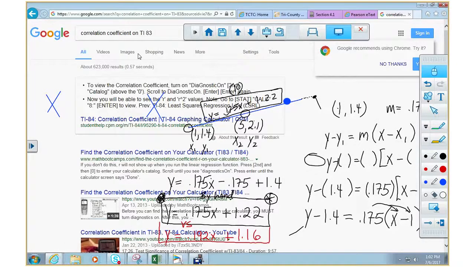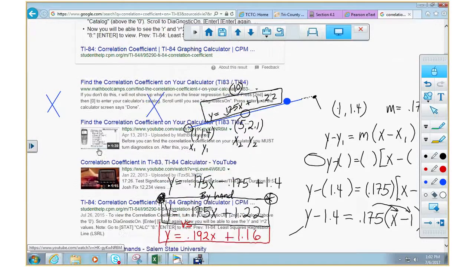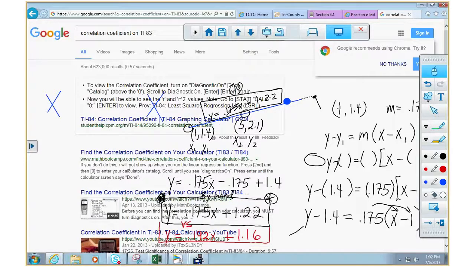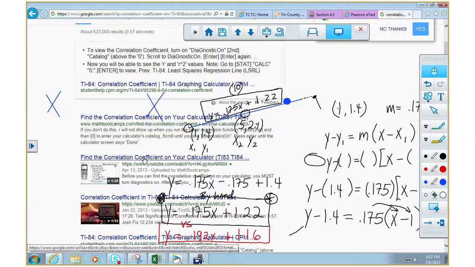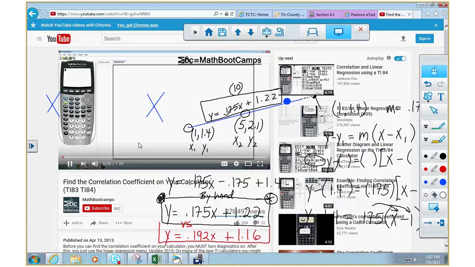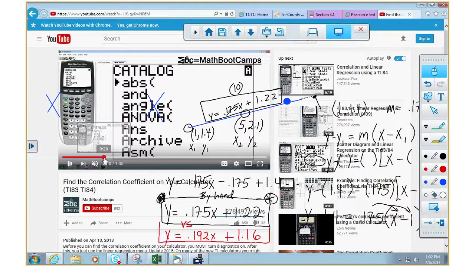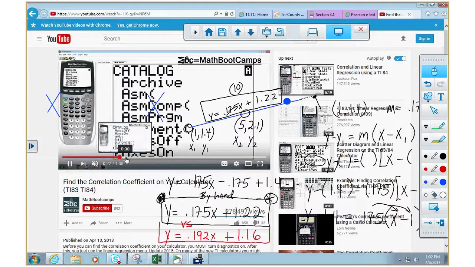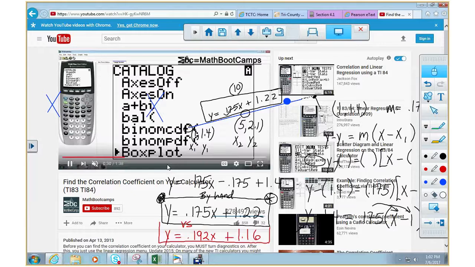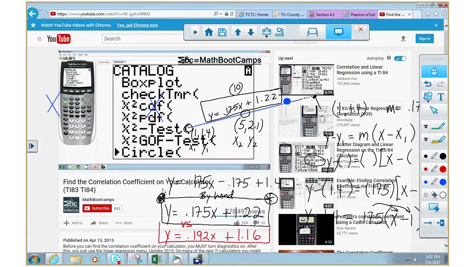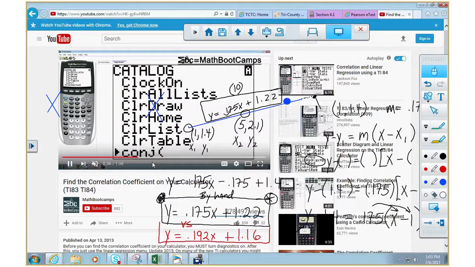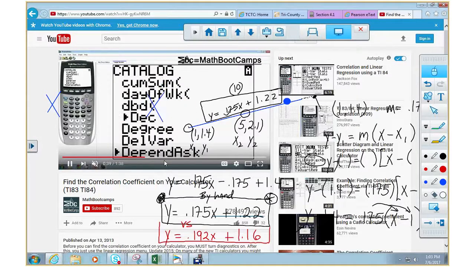Heaven forbid. There it is. Right there. Let's see. Find the correlation coefficient on the TI-83. Absolute value. Just give me a second. I'm just viewing it. What are we looking for?